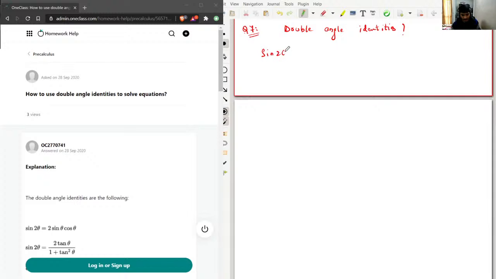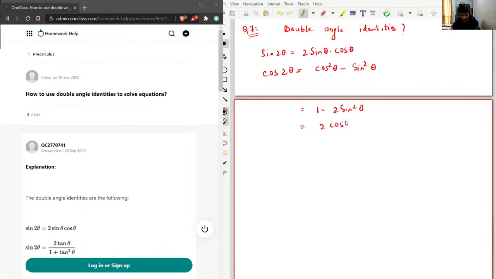So sine of 2 theta is 2 times sine of theta cosine of theta. For cosine 2 theta, we have three formulas: cosine square theta minus sine square theta, 1 minus 2 sine square theta, or 2 cos square theta minus 1.